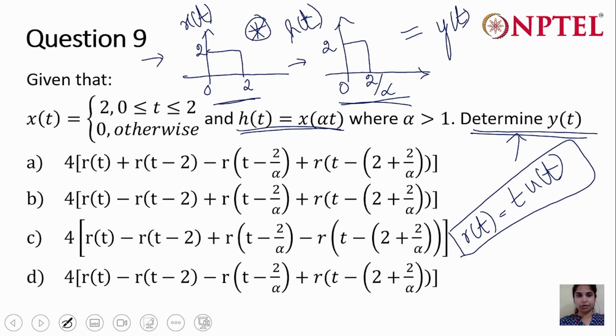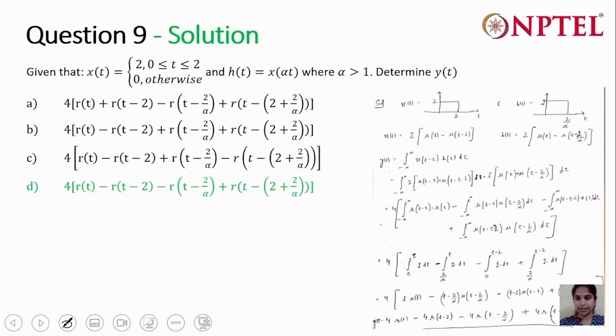I will try to give you the steps in the way I have tried to solve it. We know what is x of t; the magnitude is 2. H of t we also know, so on the time axis it is 2 by alpha.